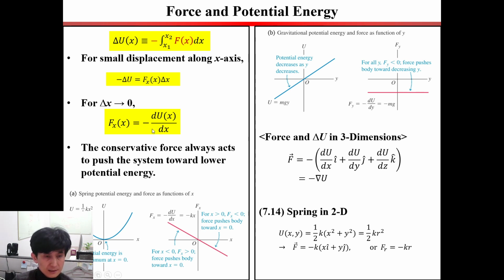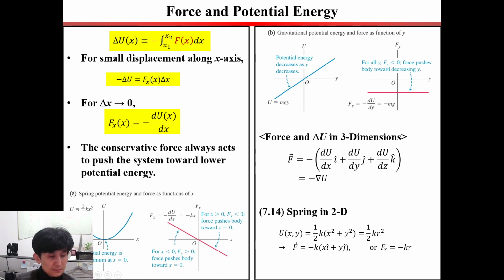So that is the important property. It can be easily derived from the definition of potential, because potential energy is a negative integral of force dx. So if we take the derivative on both sides, we naturally obtain that the force should be the negative of the derivative of the potential energy.